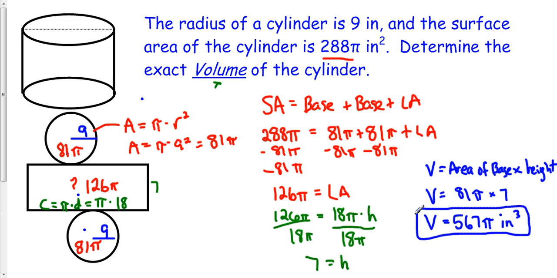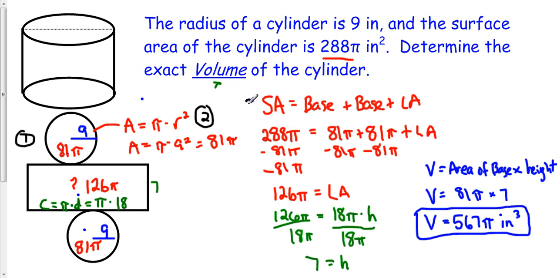All right, so there were a lot of steps that happened. Just to summarize again, the first thing we did was we drew the net. We labeled what was given to us, and then we used that to find the area of both of the circles.